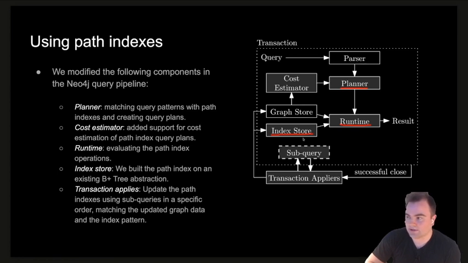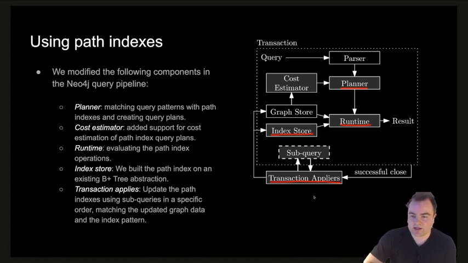And of course, the index itself has to be stored and available in the Neo4j system. Finally, we studied the maintenance of such data structures, because path indexes are akin to materialized views, so you need to think about efficient maintenance of such data structures.